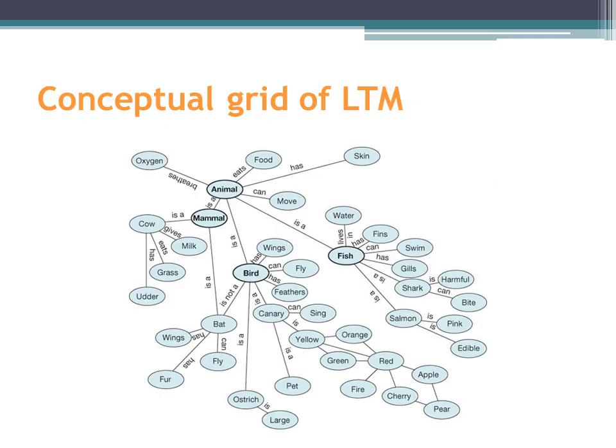And all of these lines that are coming off of animal, connecting it to things that you know about animals, those are all potential pathways for our brain to be able to get to that piece of information. And so sometimes when we can't remember something, or when you have that kind of tip of the tongue phenomenon, you know the answer but it's just out of your reach, oftentimes it's because one of these pathways to get to that piece of information is blocked in some way.